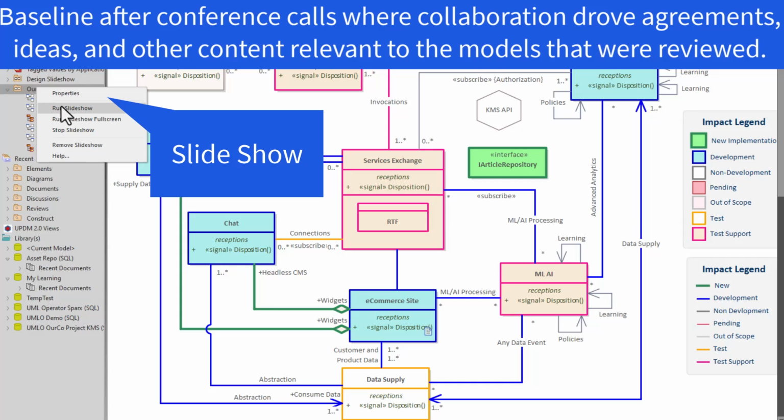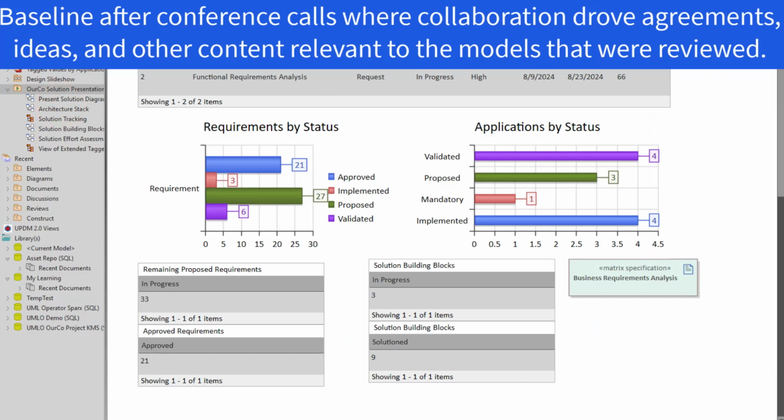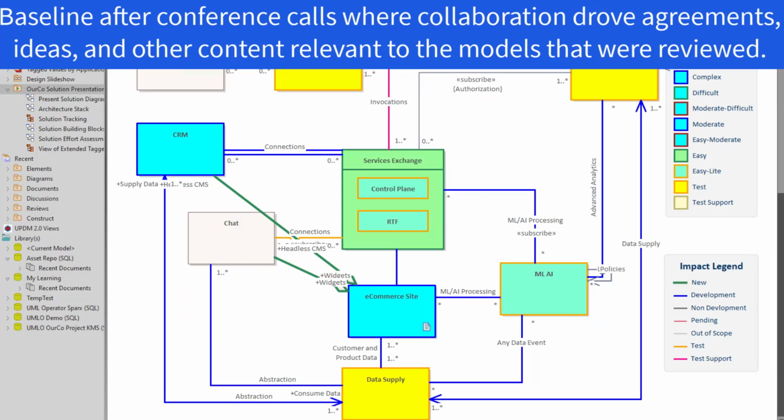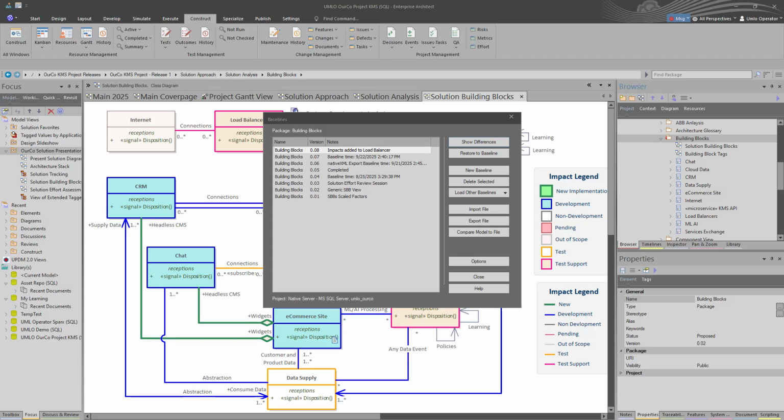Baseline after conference calls where collaboration drove agreements, ideas, and other content relevant to models that were reviewed. Most importantly, follow and adhere to your version and or baseline version numbering strategy. Be consistent.